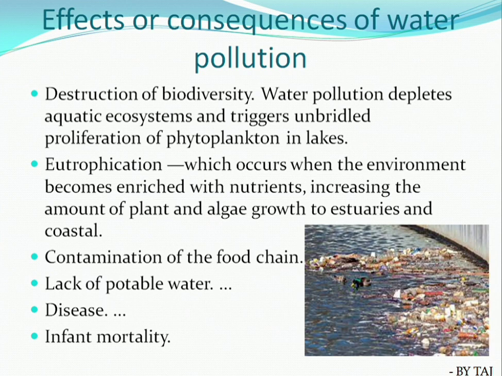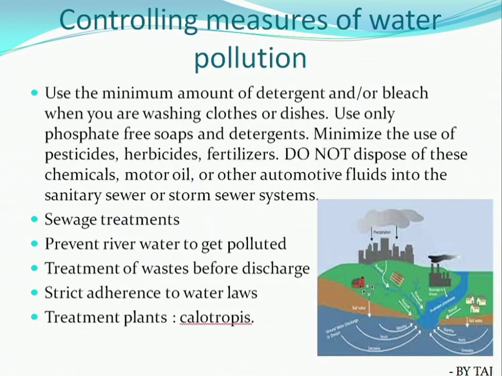Coming to the controlling measures of water pollution. Use the minimum amount of detergent and bleach when you are washing clothes or dishes. If you use detergents in excess, they will not decompose or dissolve properly in the water, so it is also harmful for the environment.